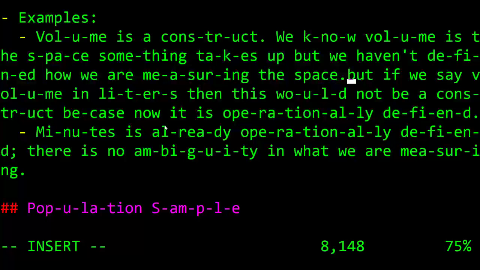But if we say volume is in liters, then this would not be a construct, because now it is operationally defined. For example, also minutes is already operationally defined. There is no ambiguity in what we are measuring.